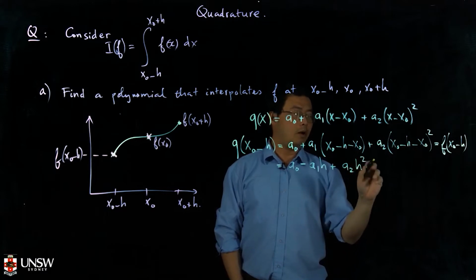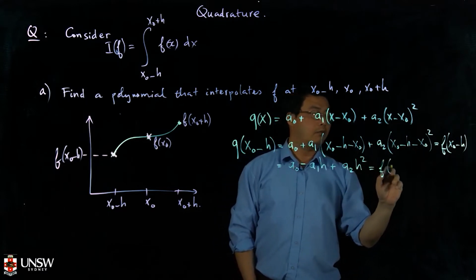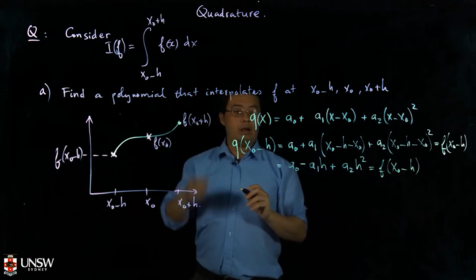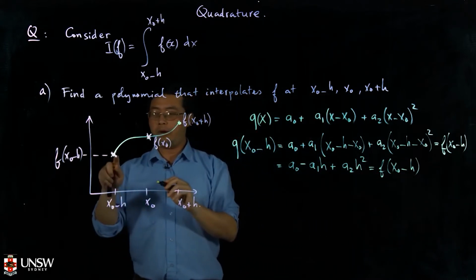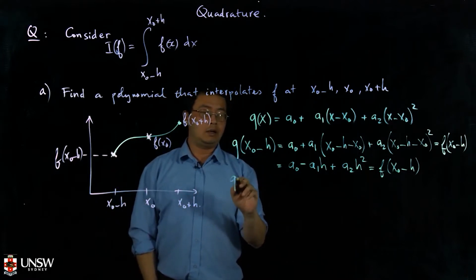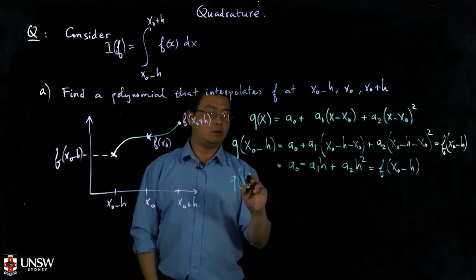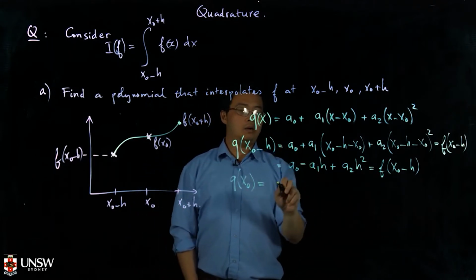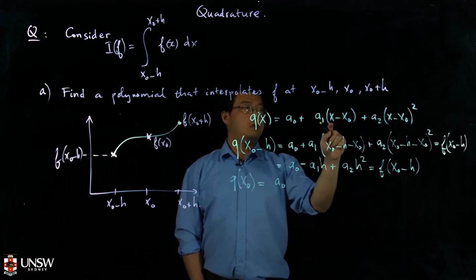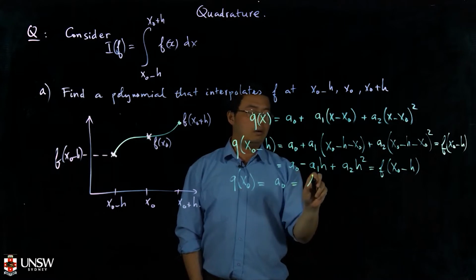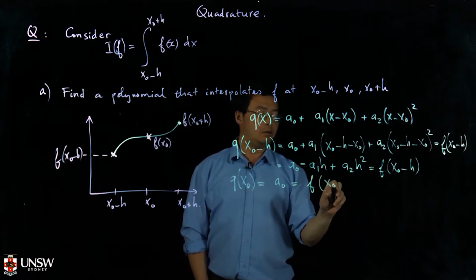So this is the first point at x0 minus h. And at the second point, q at x0, I have a0 here, and x0 minus x0 equals 0, equal to f at x0.